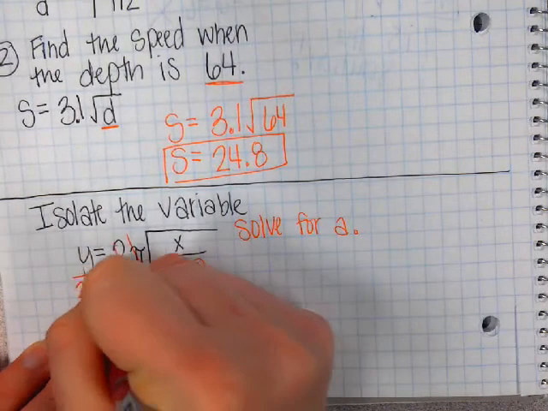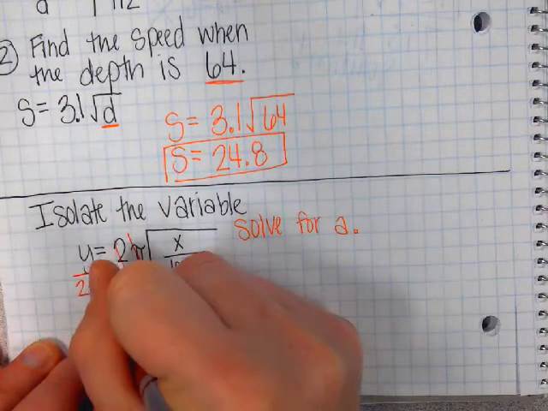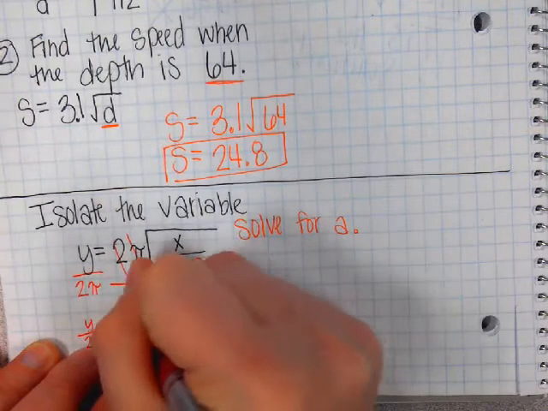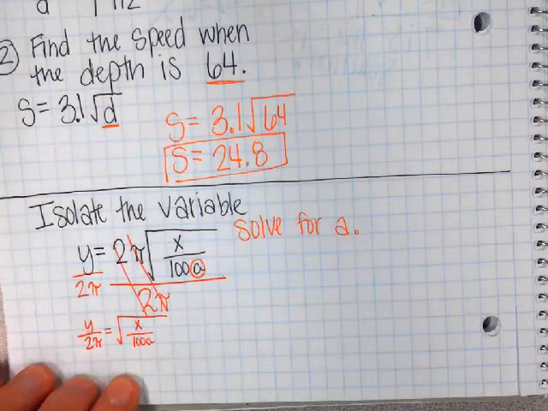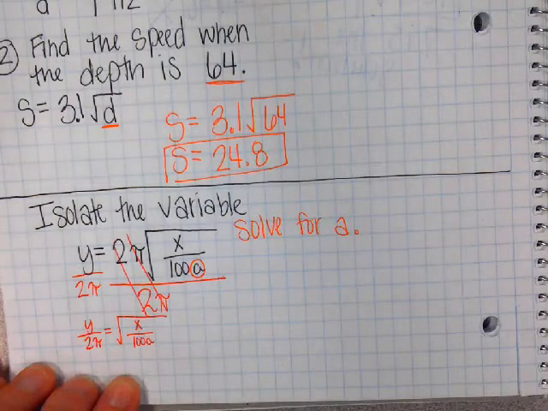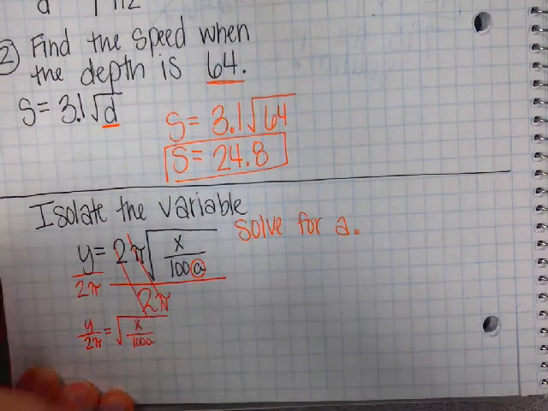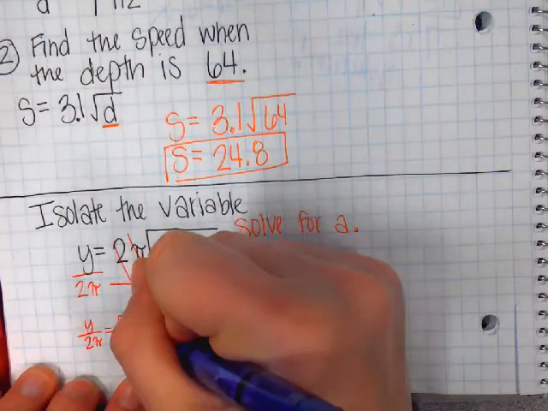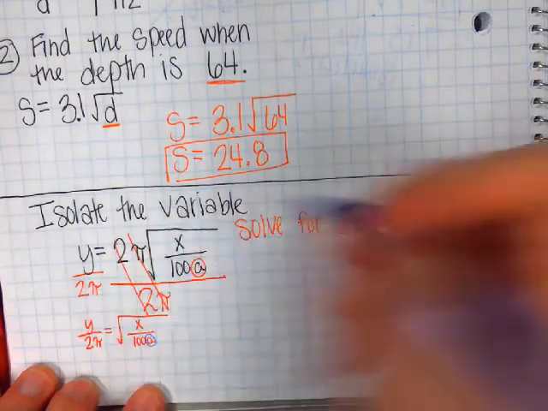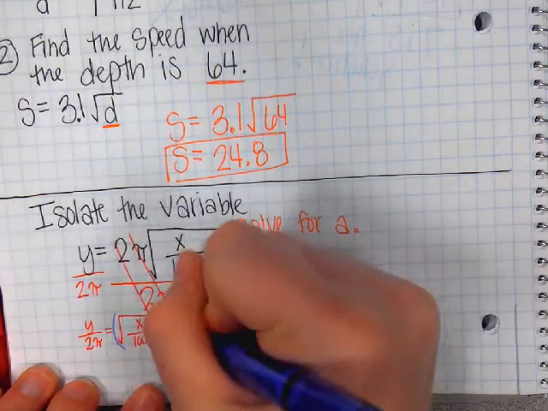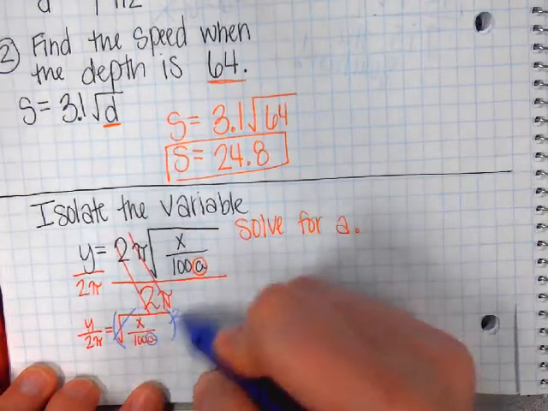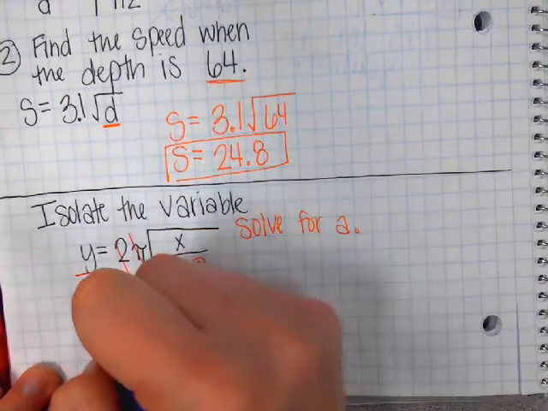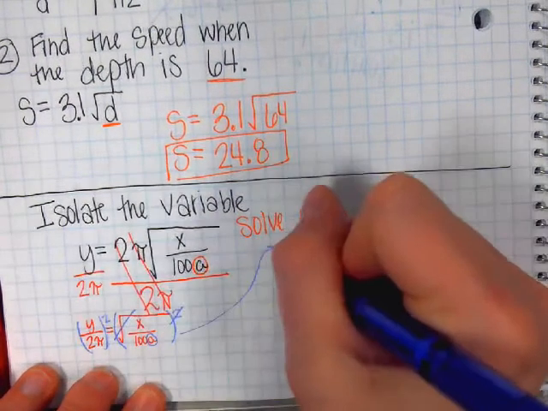So then it would be y divided by 2 pi equals the square root of x divided by 100a. Now we're still trying to get that a by itself. In order to do that, we need to square both sides, because the opposite of square root is squaring, so those would cancel, and then square that.